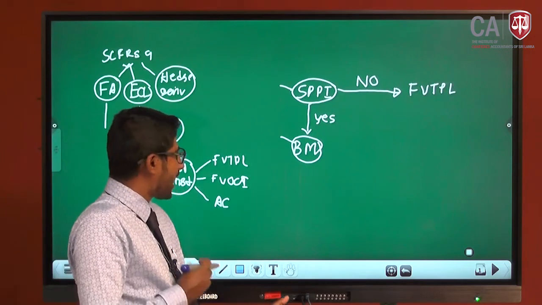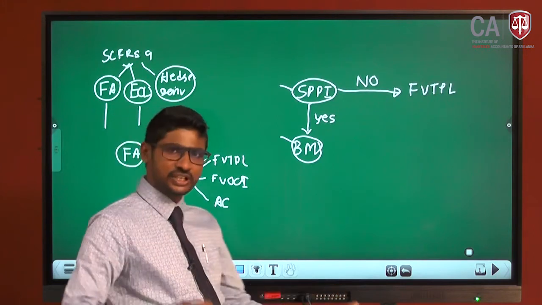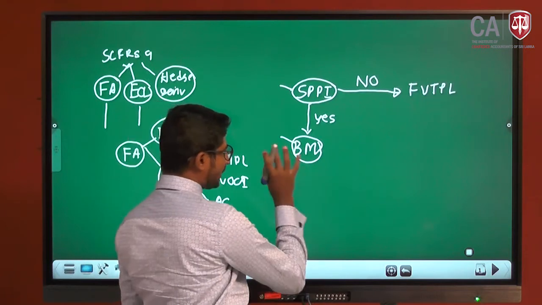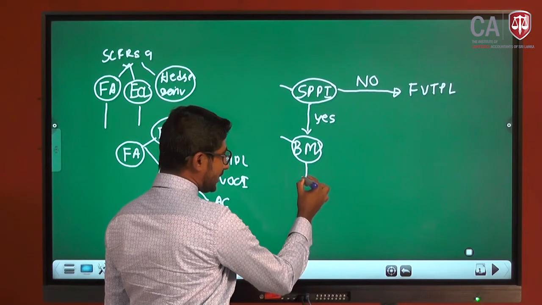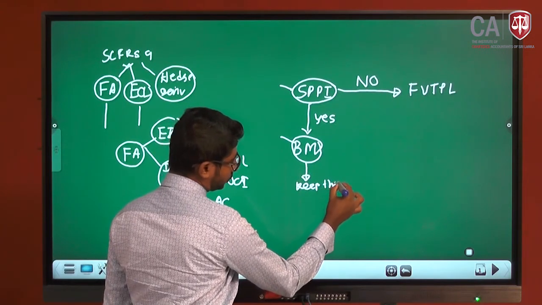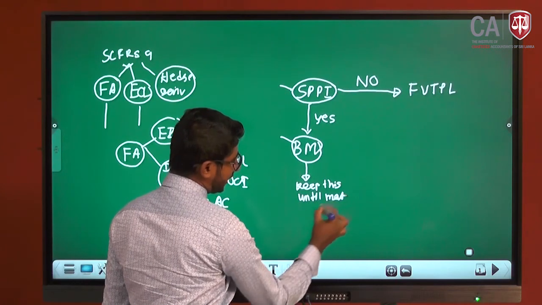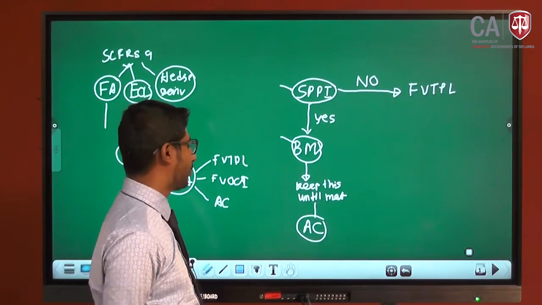Whether the management has the intention to sell it, whether the management has the intention to keep it, or what is our intention? Let's say as per the business model objective, our intention is to keep this until maturity. Then the category is amortized cost.